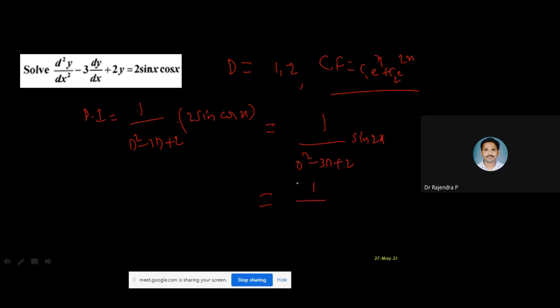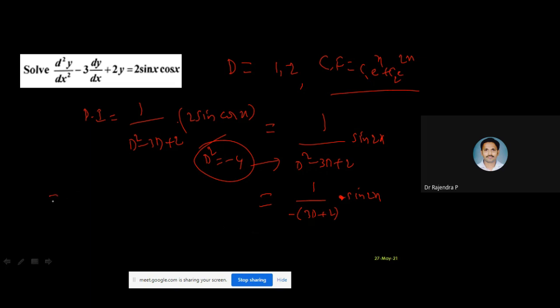So this will be minus 4 plus 2. In place of d square, what we should substitute? Minus 4, right? So if I substitute minus 4 here, minus 4 plus 2, minus 3d minus 2, I can write minus of 3d plus 2 into sin 2x. Okay? Have you understood, everyone, this step?